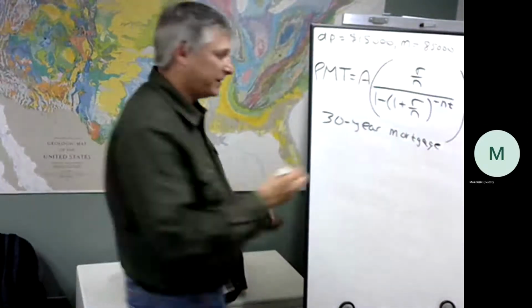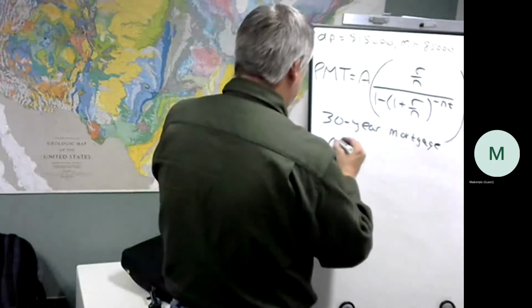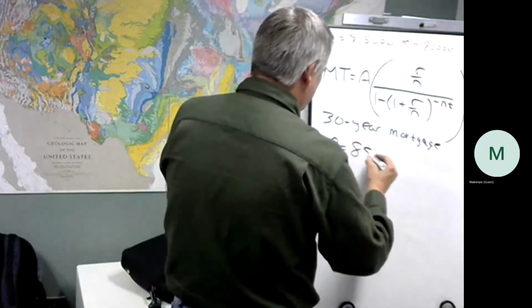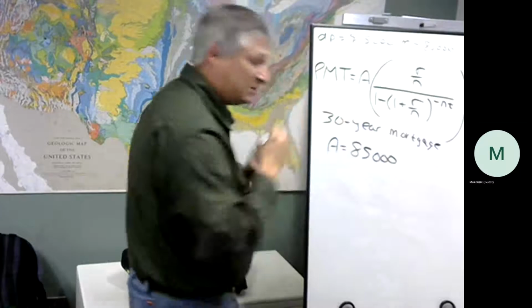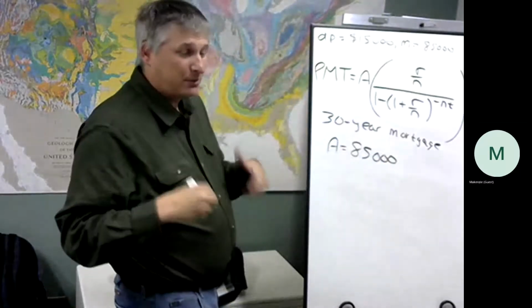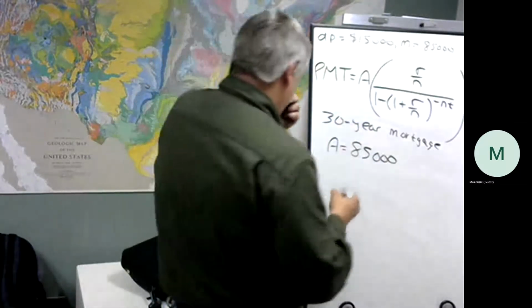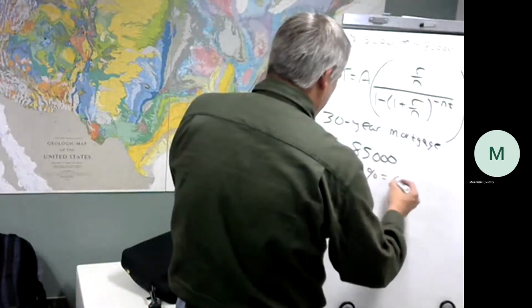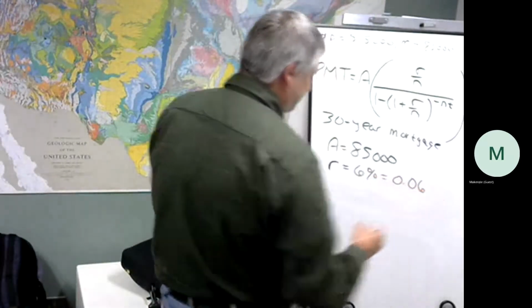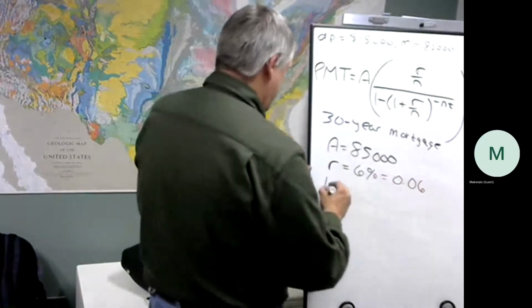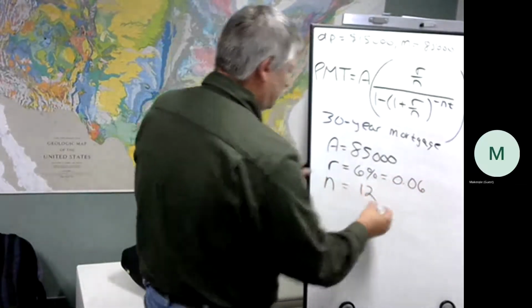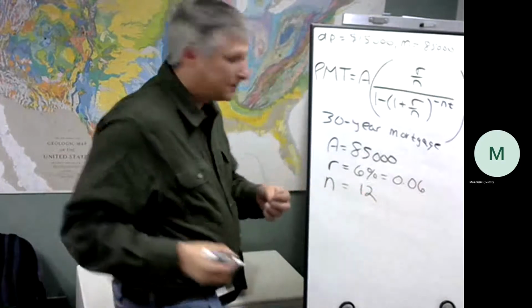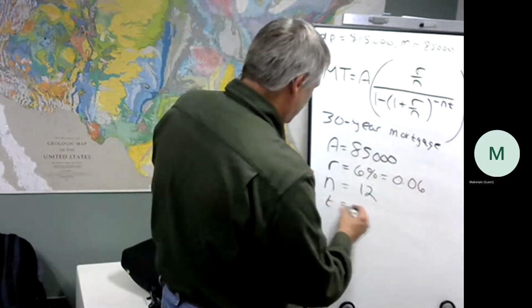So again, let's get R over N. So first off, A is the mortgage, not the price, but the mortgage, how much we still have to pay off. R, it was 6%, or 0.06. N is going to be 12 times a year of monthly payments. And we're going to do this for 30 years.